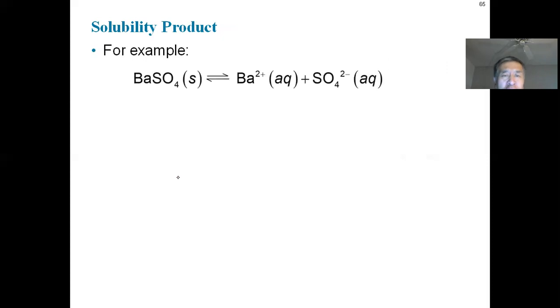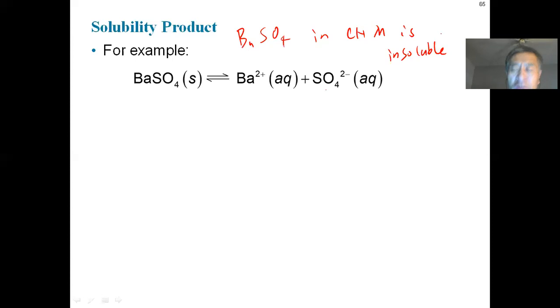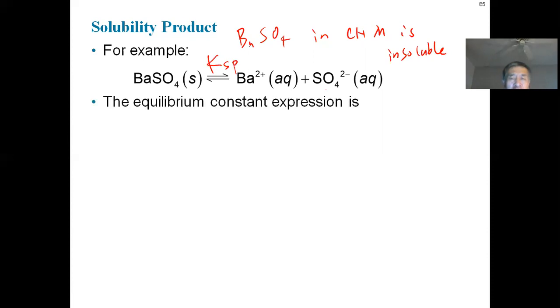For example, barium sulfate, as we learned in CHM-113, is insoluble. So you are expecting a Ksp, or equilibrium constant, of a very, very small number, because they are not really that soluble.